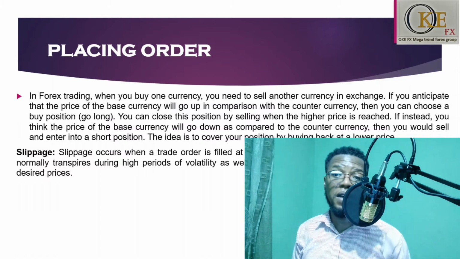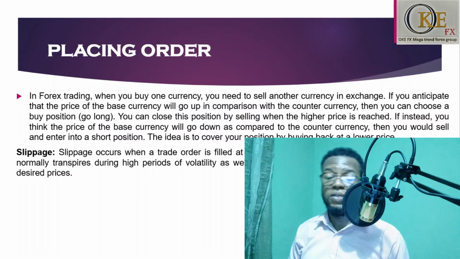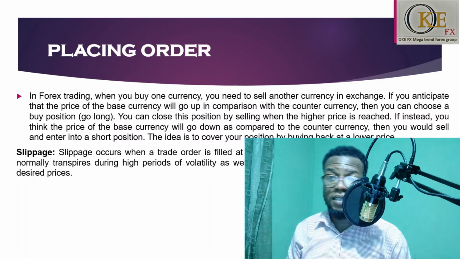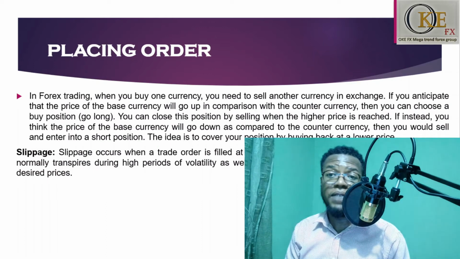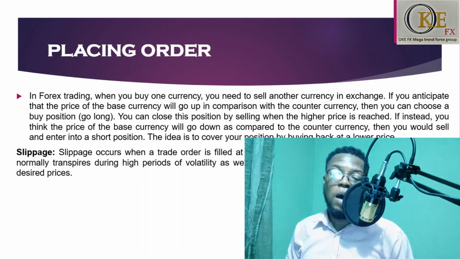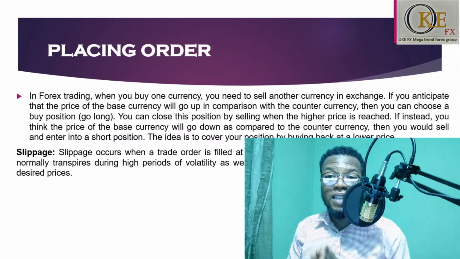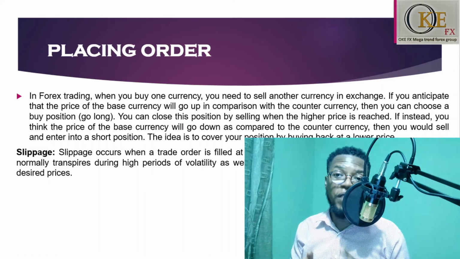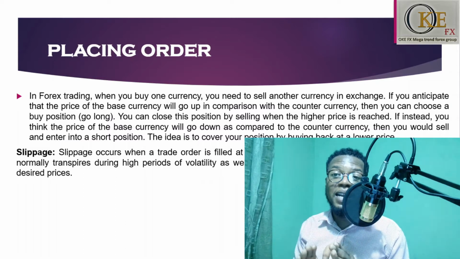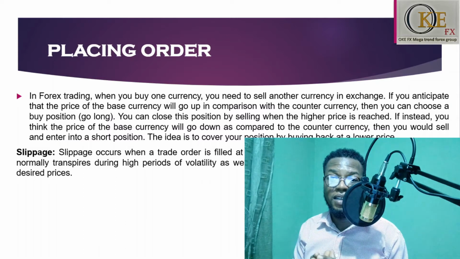There are about 3 types of slippage. One is no slippage, then two, positive, and then the third one is the negative slippage. The positive slippage works in your favor depending on whatever direction you decided to take while trading.